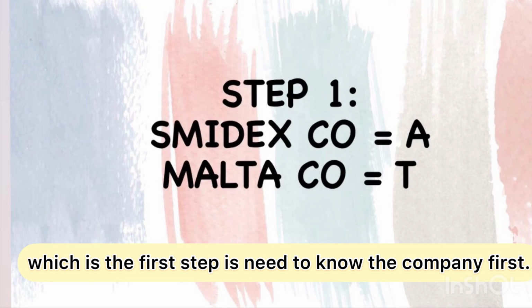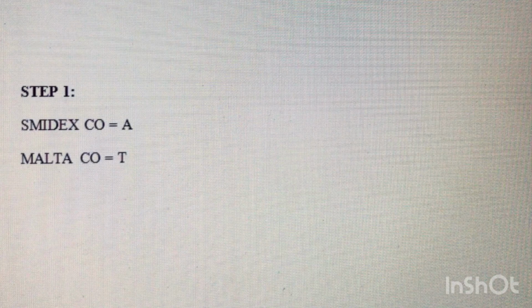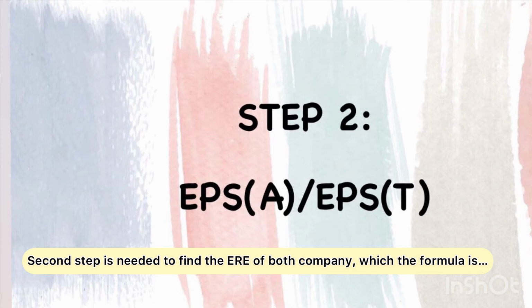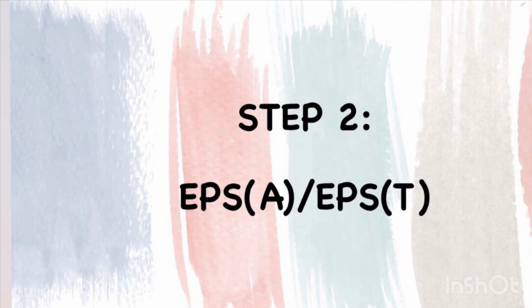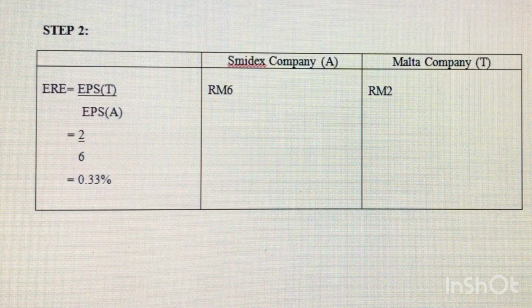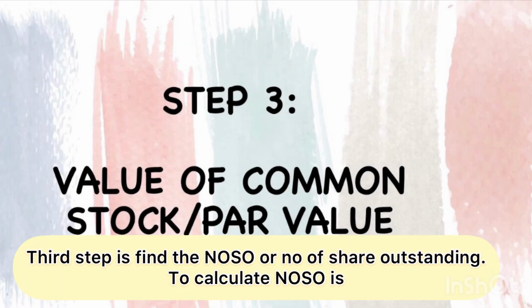For the first step, we need to know the company first. Second step, we need to find the ERE for both companies, where the formula is EPS for company A divided by EPS for company T. The third step is to find the NOSO, which is the number of shares outstanding.